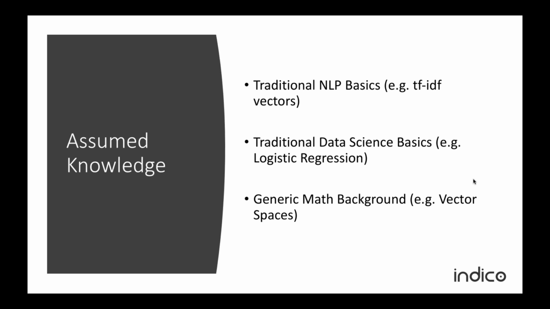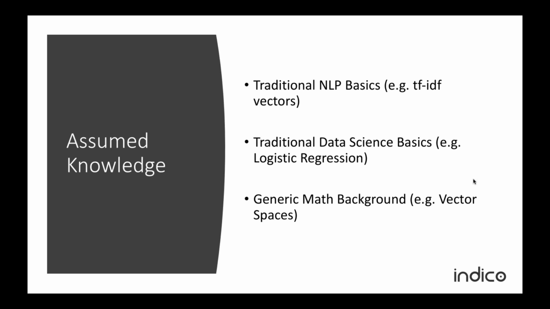We are assuming some knowledge in this space, so we're principally orienting this at someone with some data science expertise, but you don't necessarily have to be an expert. We're going to assume that you've got some background in NLP, most importantly, that you just understand what a TF-IDF vector is. I'll make some references to it. If not, it's indicative of keyword-based approaches. Some basic data science knowledge.